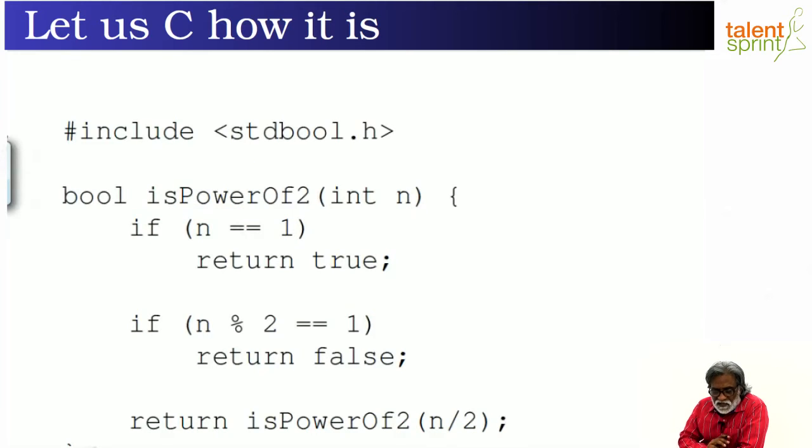Let's look at it once again. We start by, forget the definitions and bools and header files, checking whether we have a special case which gives us true, a case which gives us false, then we have the recursive case, which is almost always the standard structure of any recursive routine.